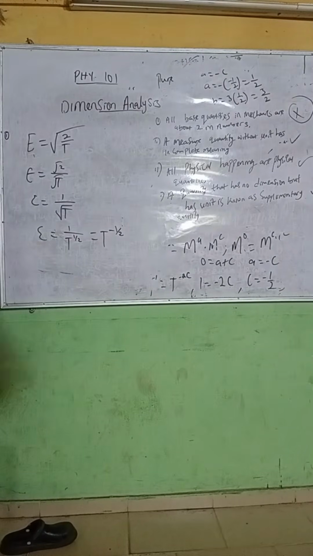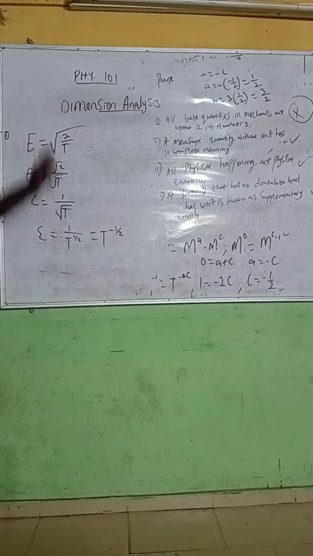Is that the answer? No, it's not solved yet. I'm just trying to confirm something. And we have this. This is the answer. If you square both sides, you still have to return the square back, because you are looking for E, not E squared.